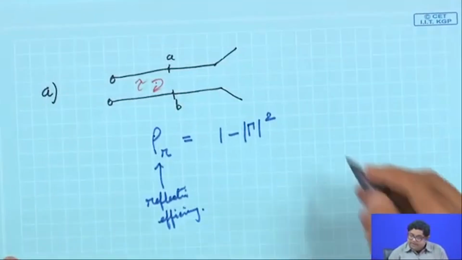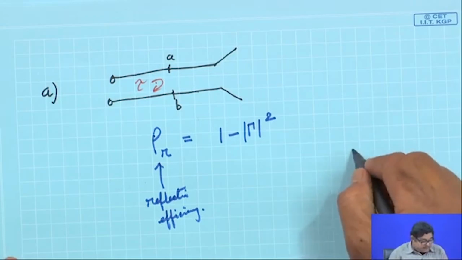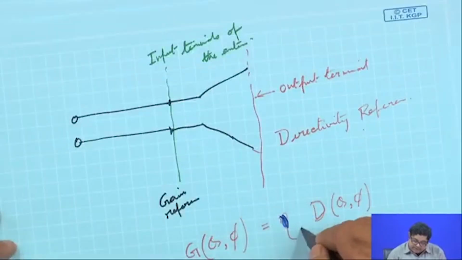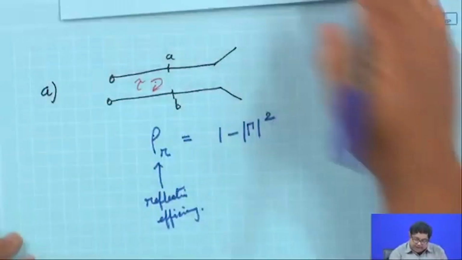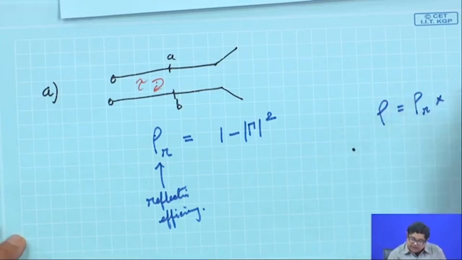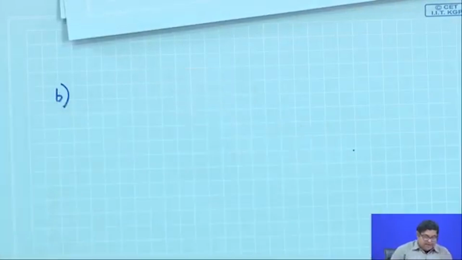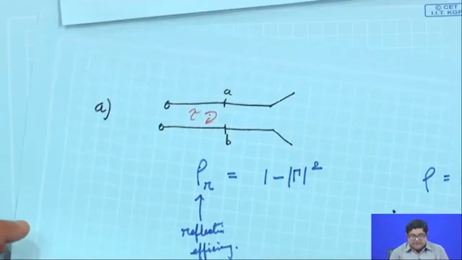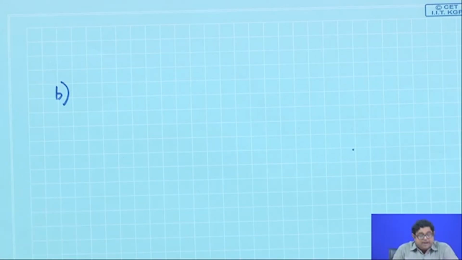This is one part of the efficiency. Let us use the symbol rho. I can say that rho will be rho r into other factors that will come one by one. The second part is that in the antenna, there are some metallic structures, some conductors. Obviously, if electrons flow there as a current, there will be some resistance, so there will be some loss.